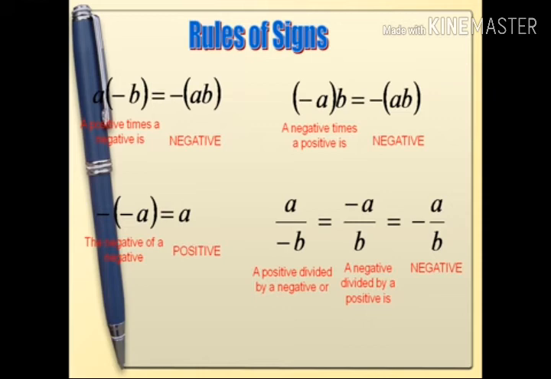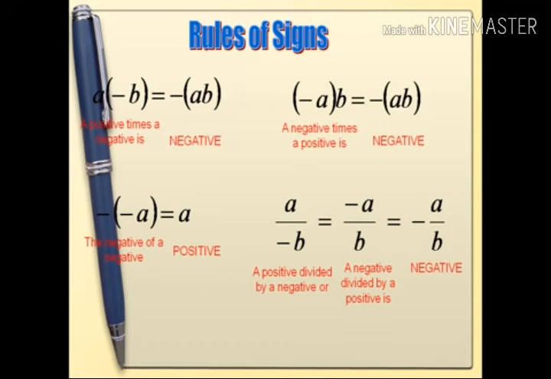See, positive dividend by negative divisor, or negative dividend by positive divisor, then always you will get a negative result. I think you know it well, but please go through it, it will be better. Now if the dividend and divisor are both negative, then what will happen? See here, minus a divided by minus b. Already I told you a by minus b or minus a by b, that is done.